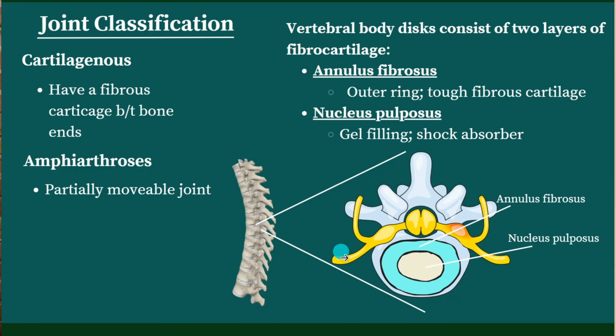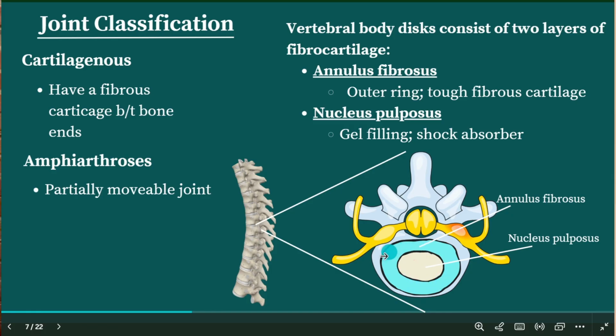Inside the vertebrae, I do want to mention there's a special anatomy that's different than everywhere else in your body. You have these discs that have two important structures inside. The annulus fibrosus is the chewy outer ring, and the nucleus pulposus is the sweet gel filling.